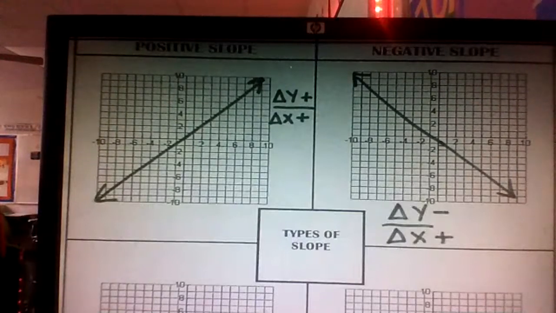And the change in your x is still going to be a positive number. Why are they not both going to be negative? What does a negative over a negative make? Positive. It makes it a positive. So if we made both of our changes a negative, we'd actually have a positive slope. Okay. So as your y is decreasing, your x is increasing with a negative slope.